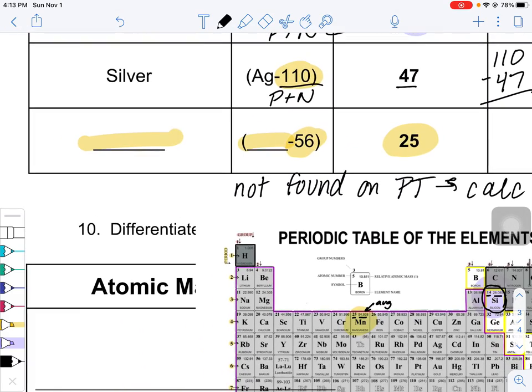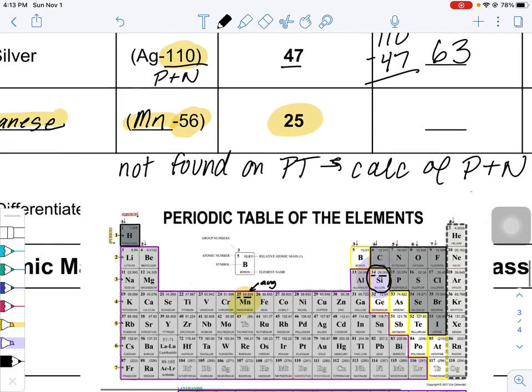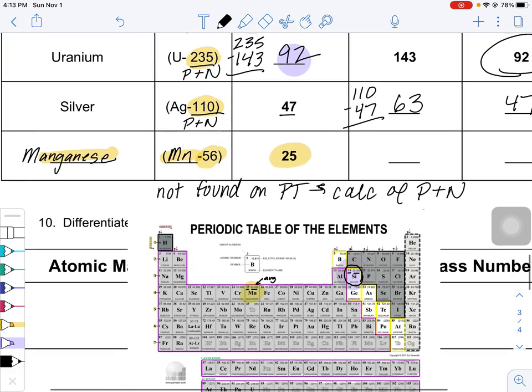So this is our manganese with a symbol of capital MN. Protons are 25. So to figure out my neutrons, I've got the total minus protons.